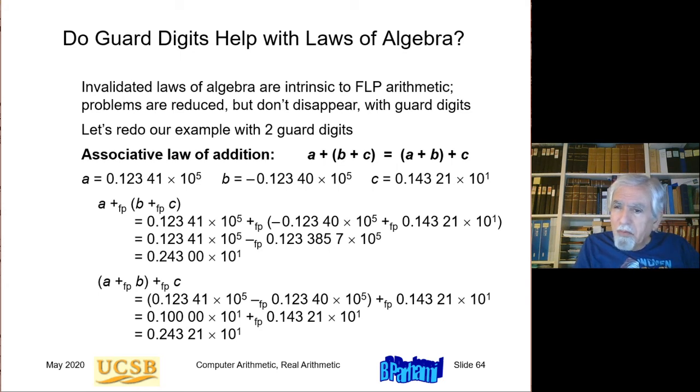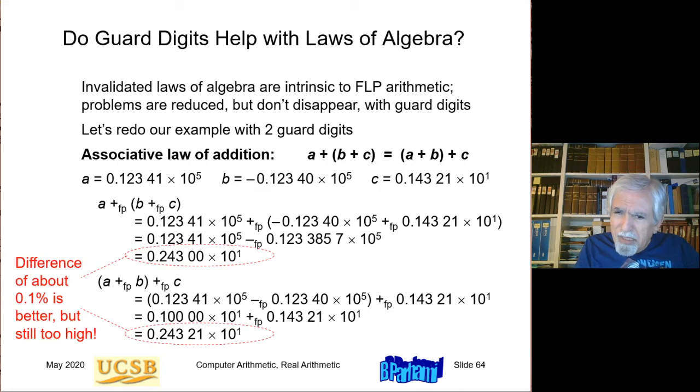Okay, let's see why. So I'm taking the same example as before, but this time I keep 2 guard digits during the computations. And I do the computations. This version of the computation gives me this number, and the second version gives me this number. Please go through these steps and make sure you understand how these are obtained.